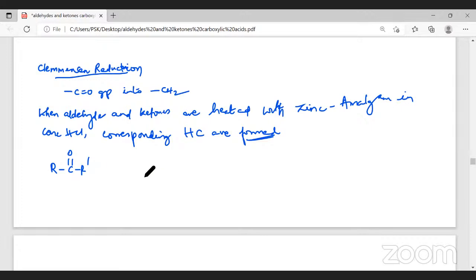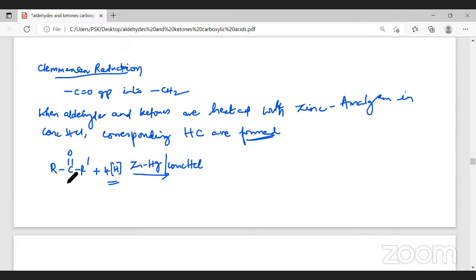Now, when these carbonyl compounds are heated with zinc amalgam, zinc and mercury, in concentrated HCl, see, zinc amalgam in concentrated HCl is a very strong reducing agent. Something which undergoes oxidation is called a reducing agent, or some compounds which give nascent hydrogen are called reducing agents.